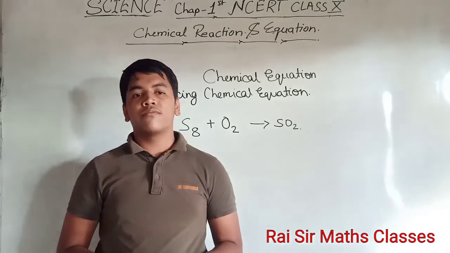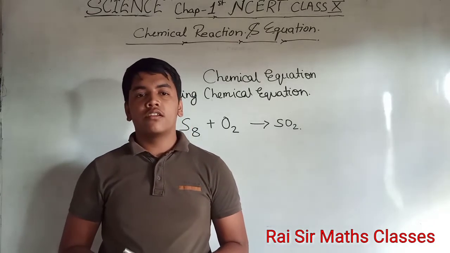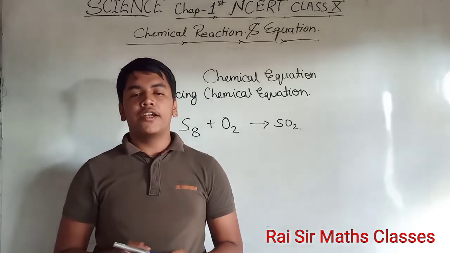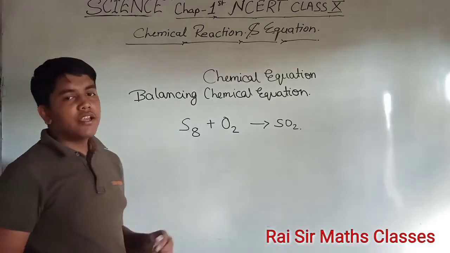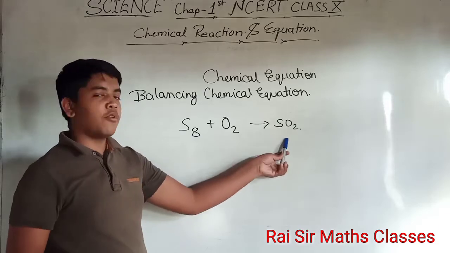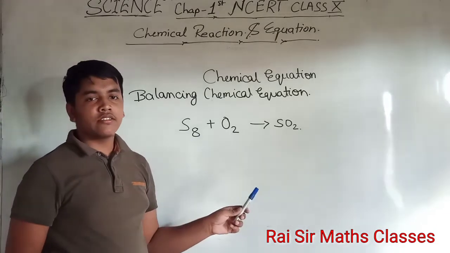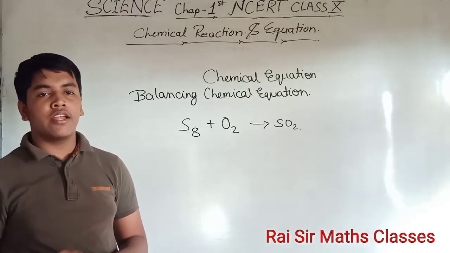Law of conservation of mass, stated by A. Lavoisier, means that mass can neither be created nor be destroyed in a chemical equation. In a chemical equation, there are reactants and a product, so they are equal in their mass. Mass can neither be created nor be destroyed in a chemical reaction.